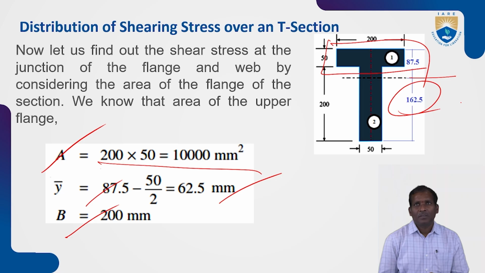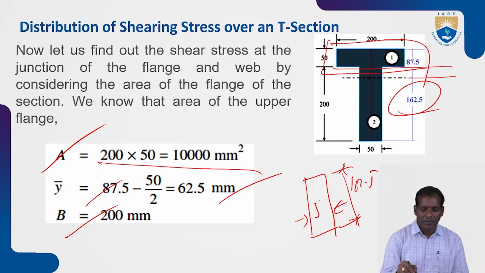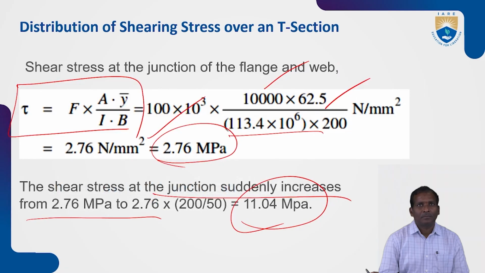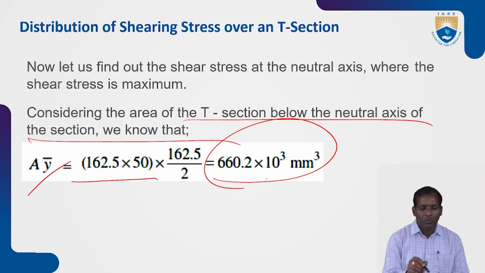From this second section, web section, it's 162.5 and this one is 50. So we will get A y bar is equal to 660.2 multiplied with 10 cube.